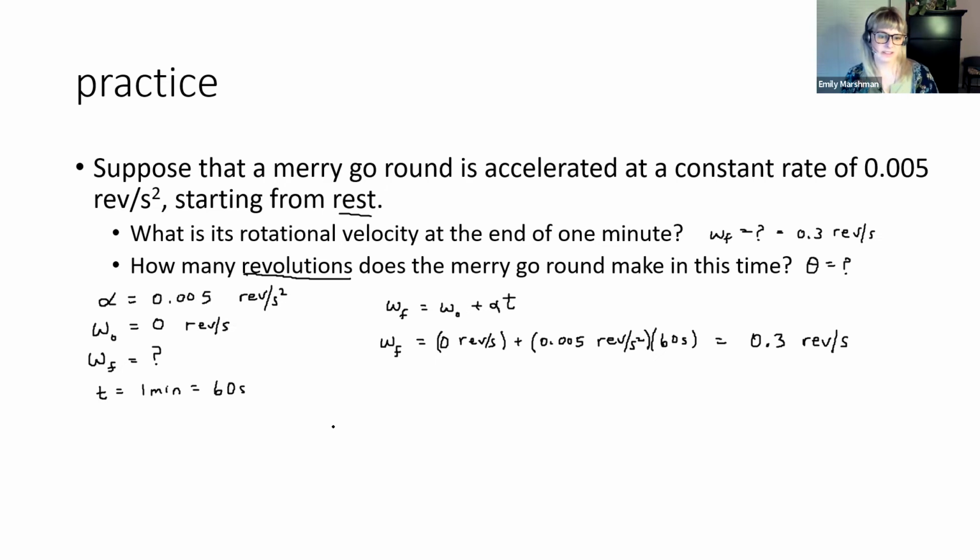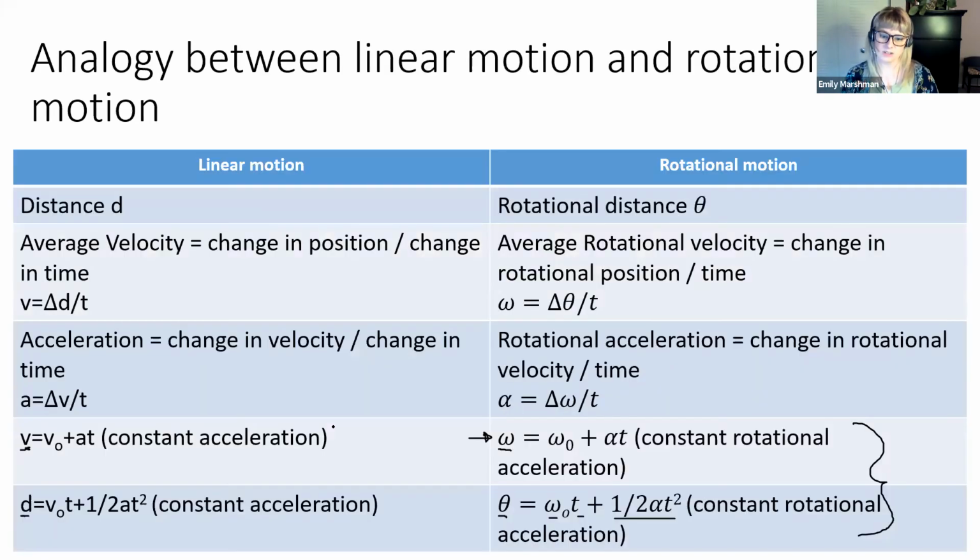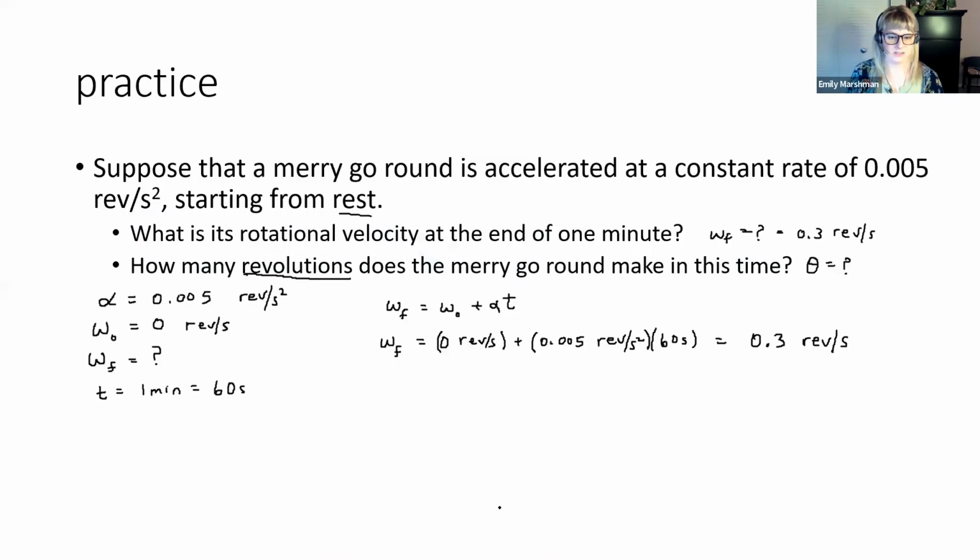And again, going back to my rotational kinematics equations, theta is equal to the initial rotational velocity times time plus 1/2 rotational acceleration times t squared. So I could use this one to solve for the rotational distance theta.